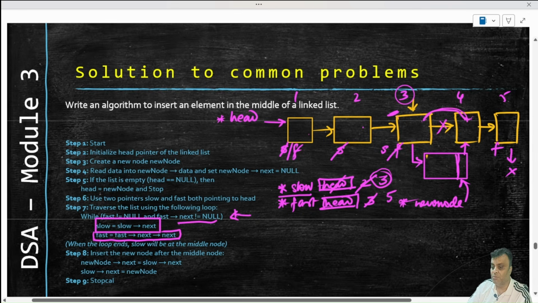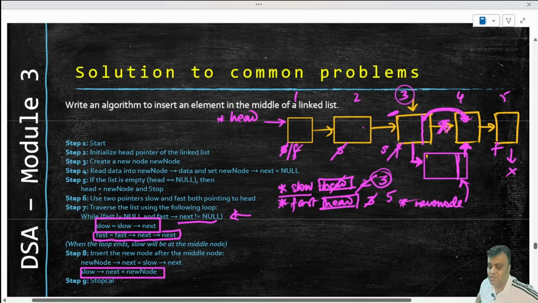Slow pointer was pointing here, so the next is pointing here, so the new node's next should point here. So you are establishing this connection. And then you are going to say that slow's next, slow is pointing here, so this next should not point here. This next should start pointing to the new node. So slow's next should point to the new node, and then you will stop.